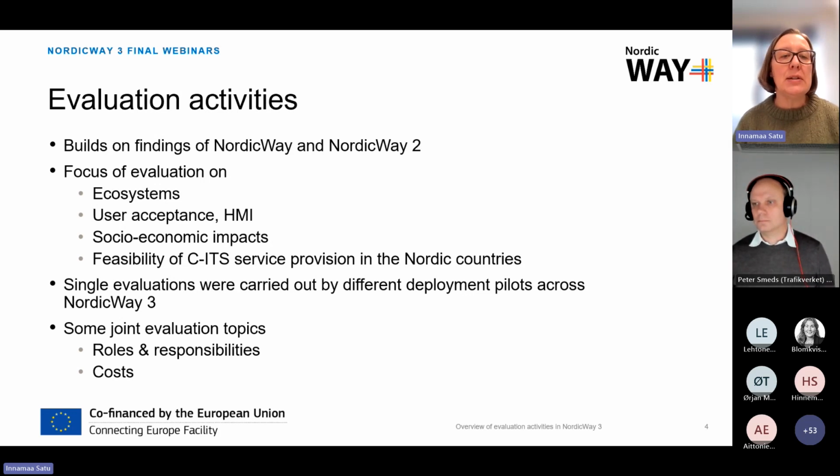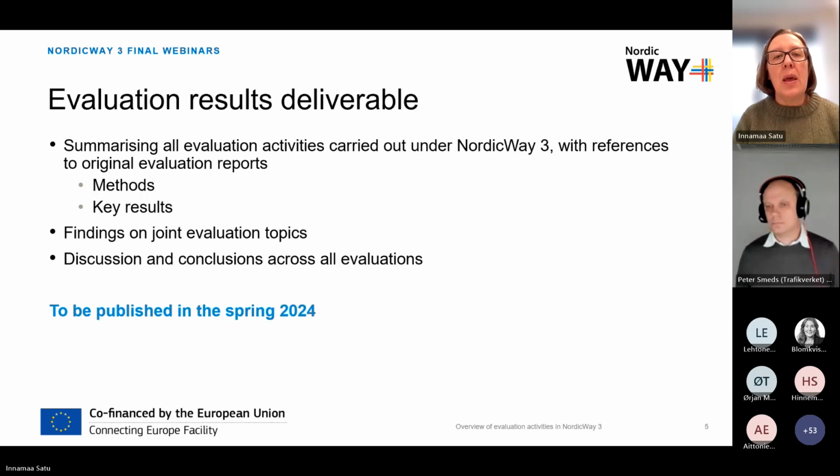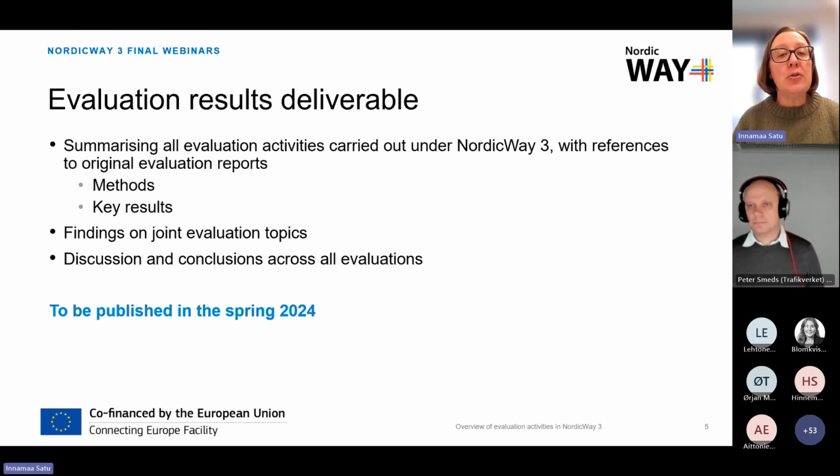These evaluation activities are still ongoing. There will be an evaluation result deliverable. It's not ready yet. We will be summarizing all these evaluation activities carried out under NordicWay 3. And as there are so many, we cannot compile everything in one report, but it will be more like a summary.